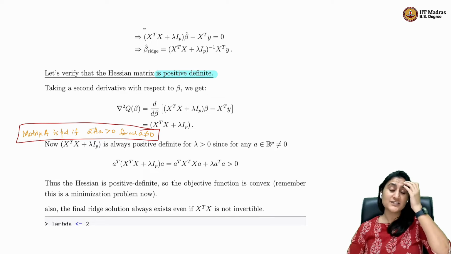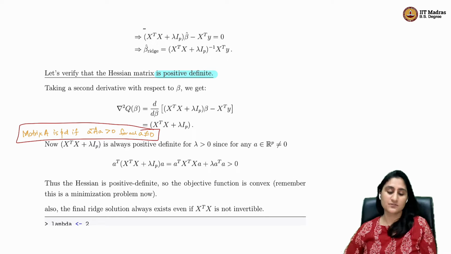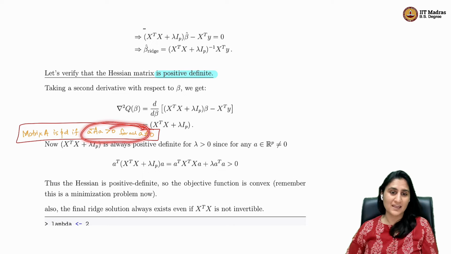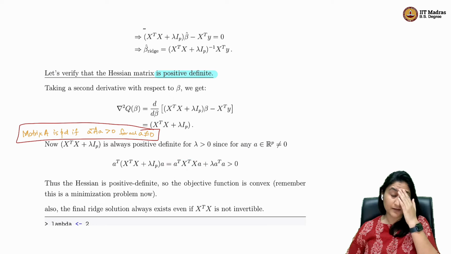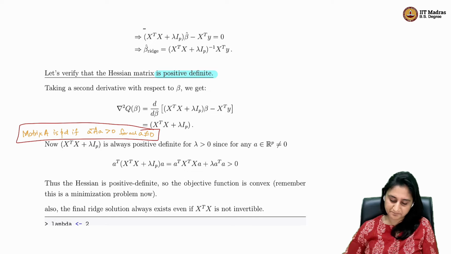Now, typically it's challenging to check using this methodology because you have to check this for all a that's non-zero. But sometimes it can be useful, because once I multiply this, I get a transpose X transpose X a, plus lambda a transpose a, greater than 0. Now, this is essentially a scalar quantity that's basically a sum of squares, because it's just a square of vectors.